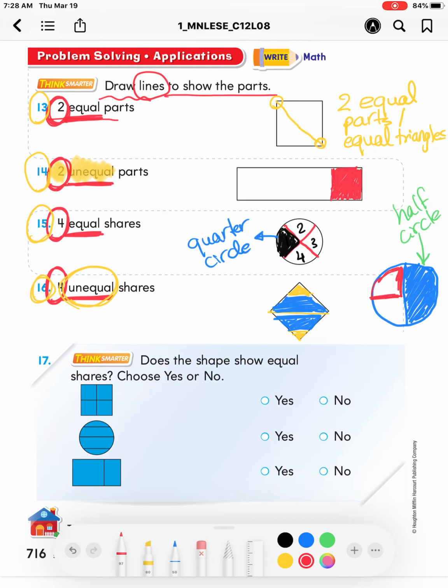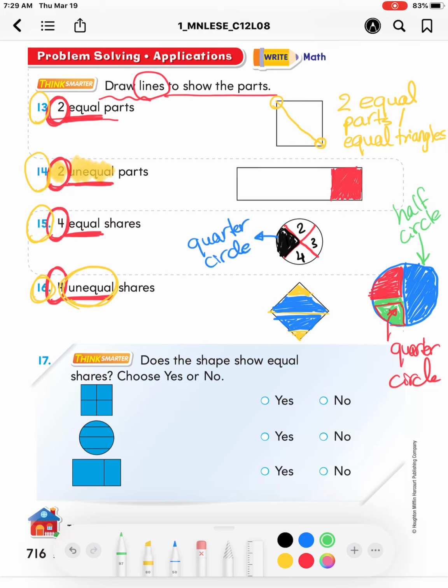And what about this part? What do we call it? We call this part quarter circle. It's so important to know the names and the terminologies in math.